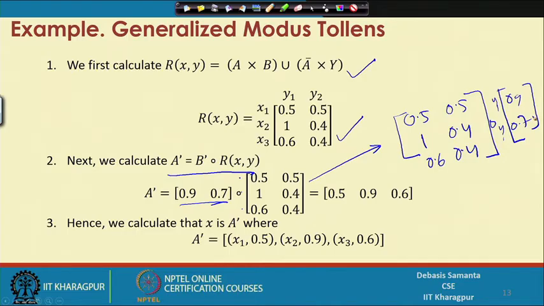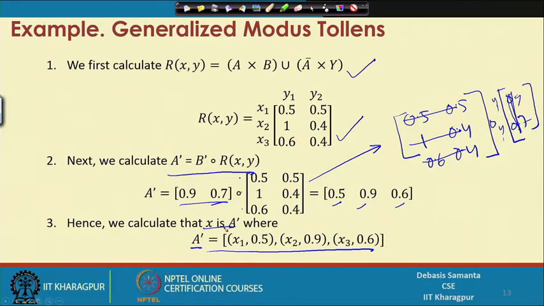Then the different elements can be obtained applying this one and this one in direction using max min composition. So, if we apply this one, then the first element 0.5 can be obtained. If we apply this one and this one, the 0.9 can be obtained, and this one 0.6 can be obtained. So, this way we shall be able to obtain A dash given R x y and B dash, and it takes this form. So, this is basically x is A dash, the other proposition.